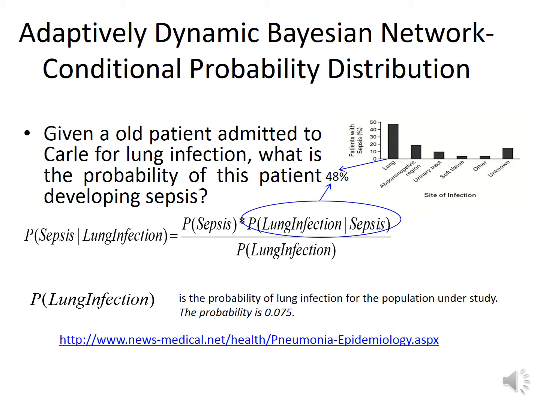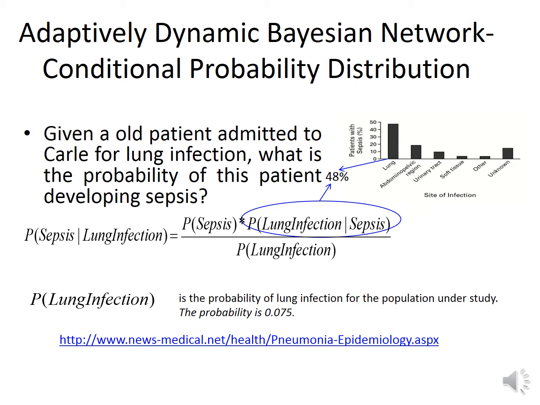For example, this probability can be described by this conditional formula, and it can be extended to this formula by the Bayesian network theorem.